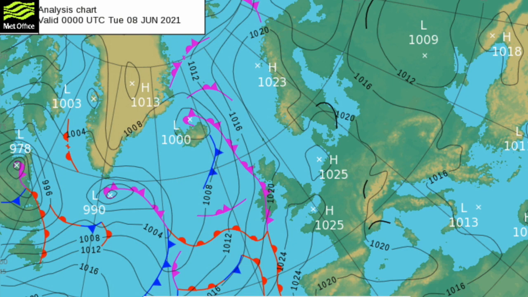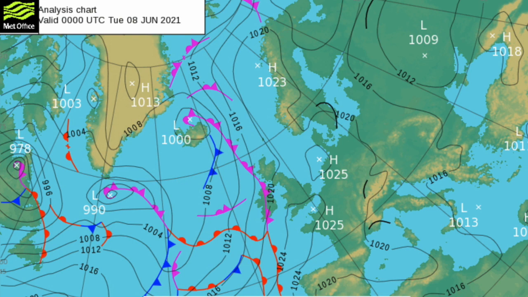So we have 3 high pressure systems, one just to the south of Britain over the Channel, one centered around the North Sea near the coast of Germany and Denmark, and one off the coast of northern Norway in the Arctic Sea.